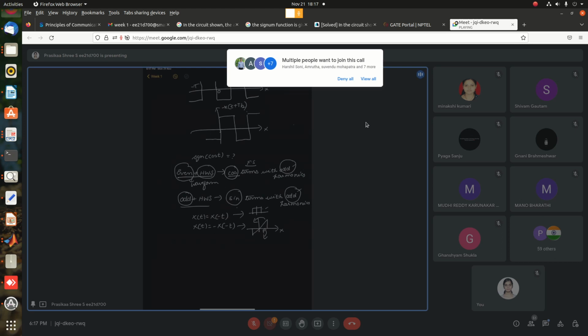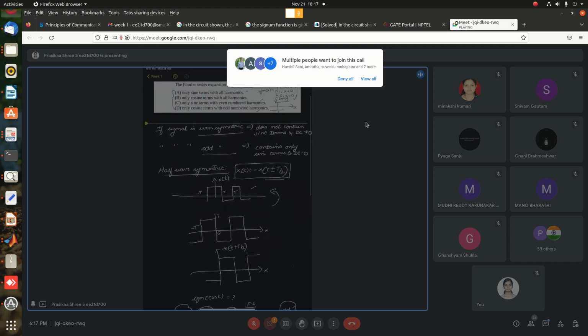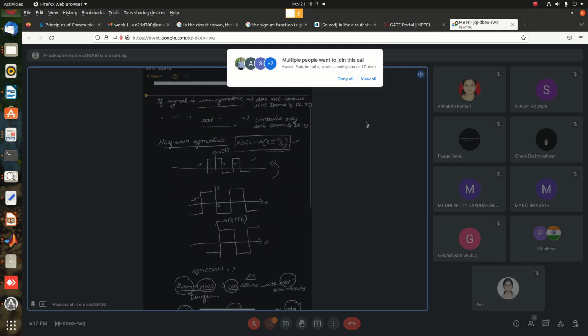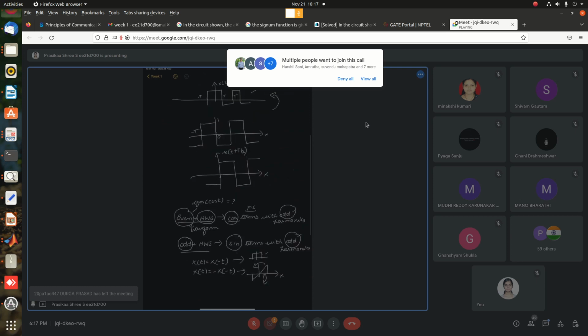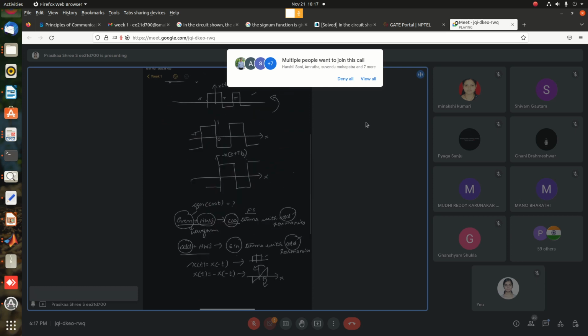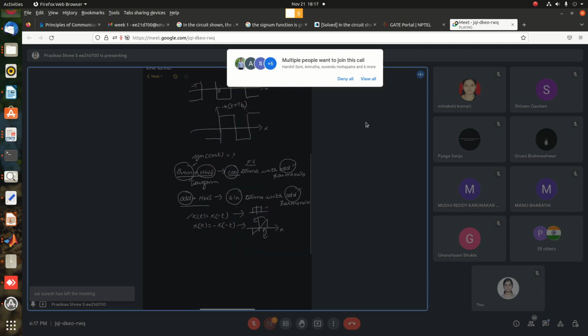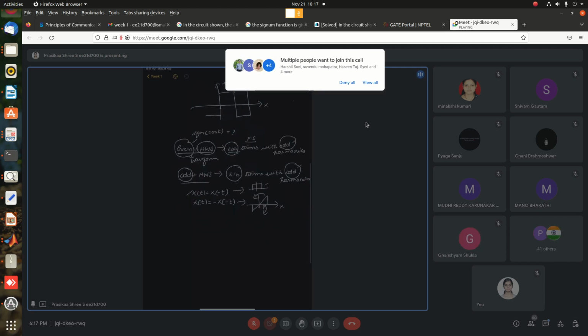Half-wave symmetric means this condition, and even means this condition. Both conditions should be obeyed in order for the Fourier series expansion of a signal to have cos terms. So this is a property which you can note down.